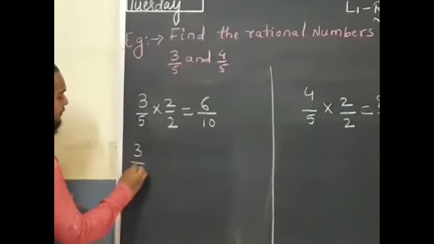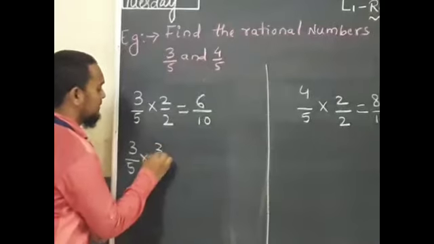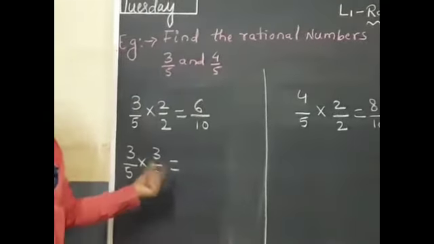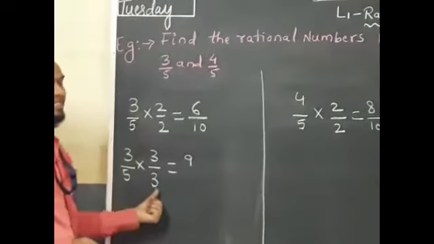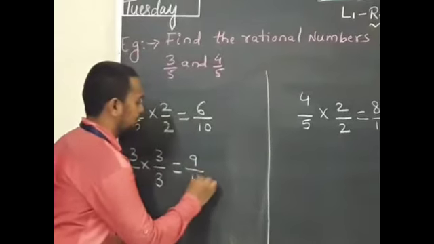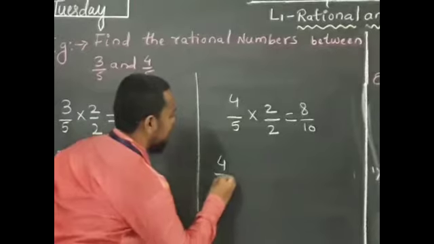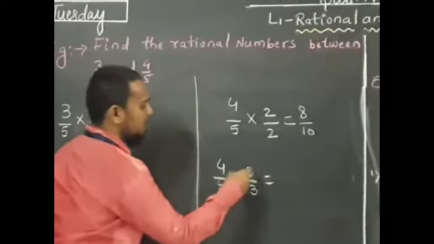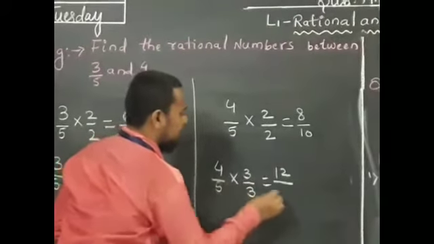Then 3 upon 5 multiplied by 3 upon 3, both numerator and denominator. 3 3s are 9, 5 3s are 15. On the other side, 4 upon 5 multiplied by 3 upon 3. 4 3s are 12, 5 3s are 15.